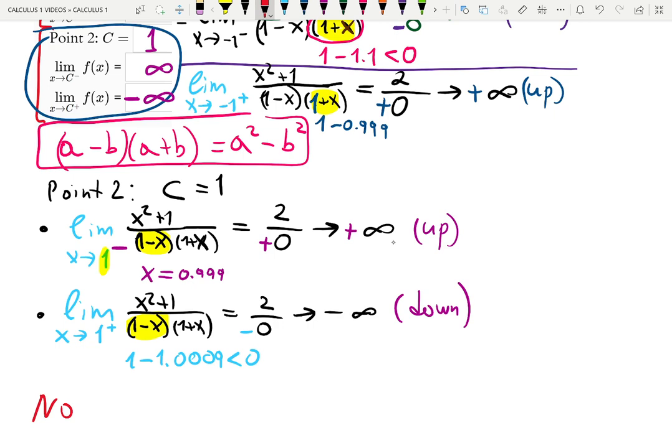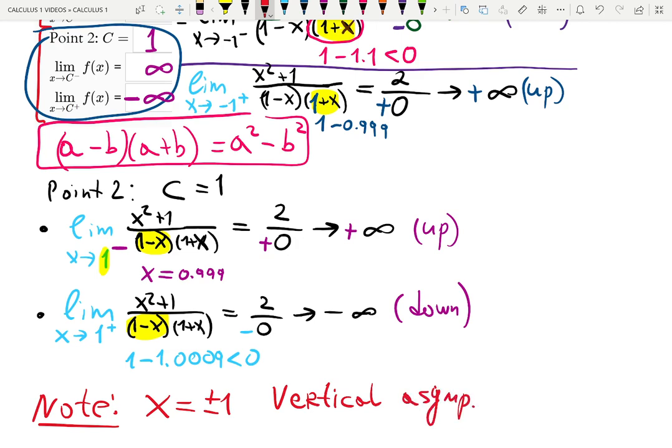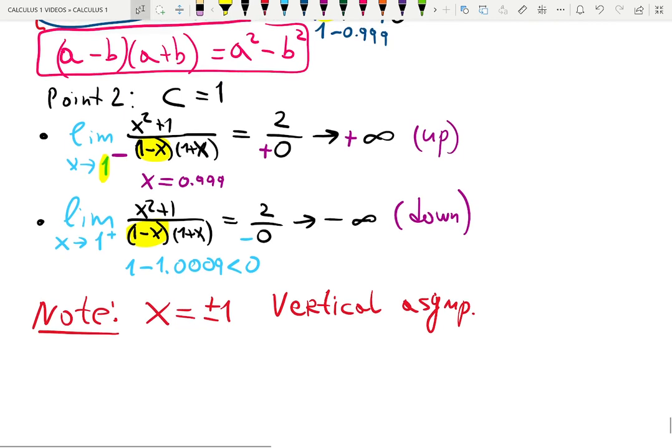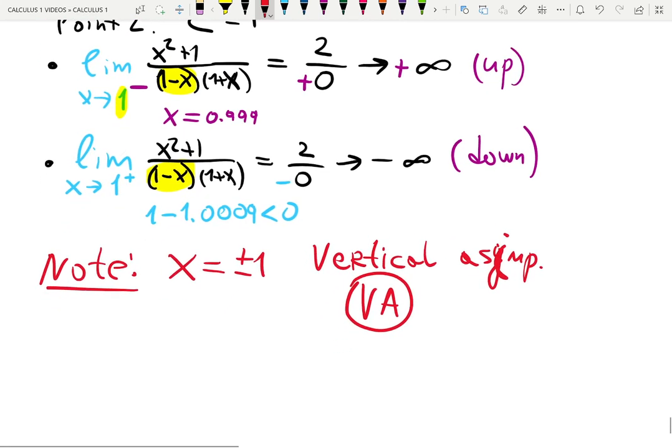Note, let me take 2 more seconds of your time to tell you that those 2 points, x equals plus or minus 1, are called vertical asymptotes. I call them VAs exactly for this reason, so when I glitch, I don't mess up the spelling.